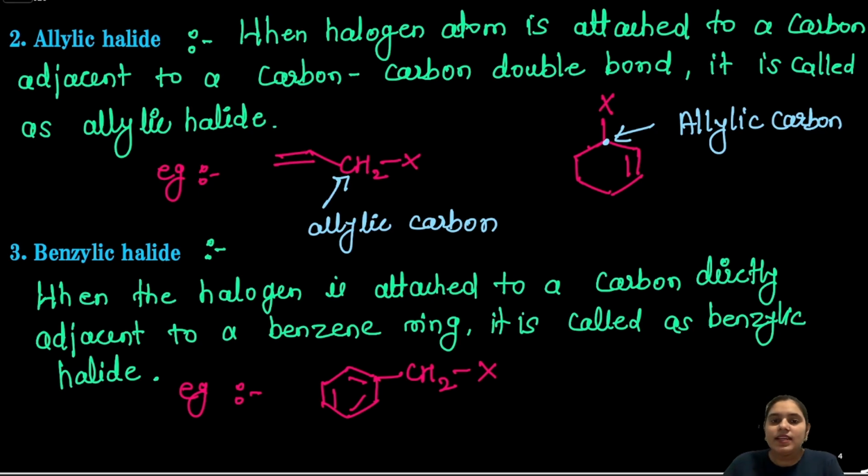In allylic and benzylic halide, the halogen atom is attached directly to an sp3 hybridized carbon atom.